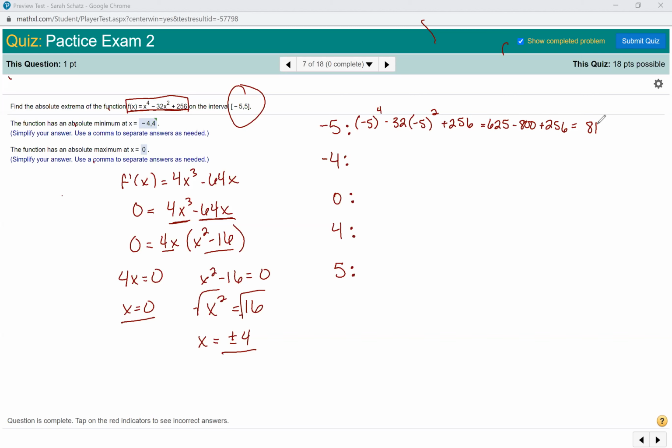And then let's do -4. So -4 to the fourth, minus 32 times -4 squared plus 256. -4 to the fourth is positive 256 minus, you guys, this is going to be positive 16. So minus 32 times 16.